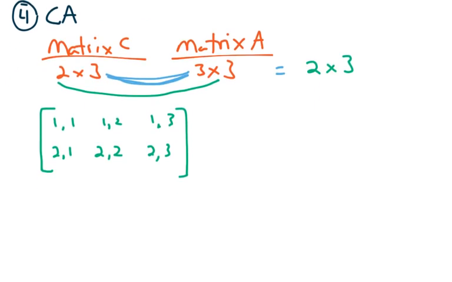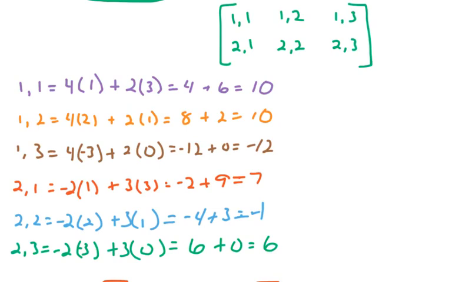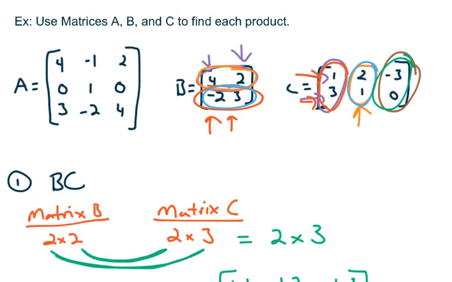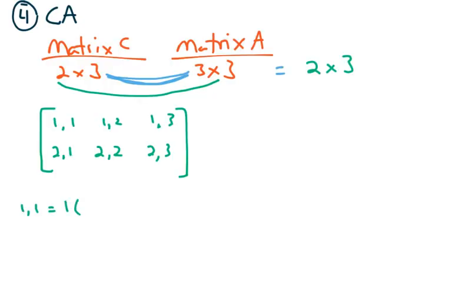So I'm going to start with row 1, column 1, and we're going to go matrix row 1 of matrix C times column 1 of matrix A. So if we scroll back up here, row 1 of matrix C, this time we're going this direction. You have to pardon all my colors. It's kind of hard to erase after you write it and write more things. So row 1 of matrix C goes 1, 2, negative 3. So we're going to have 1 times something plus 2 times something plus negative 3 times something, and that'll give us our numbers.